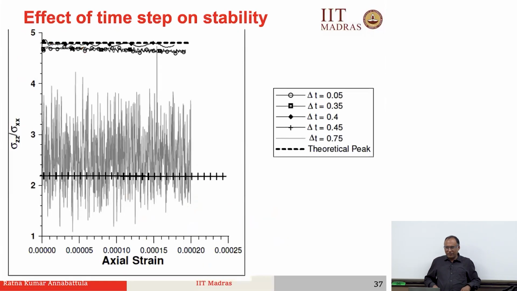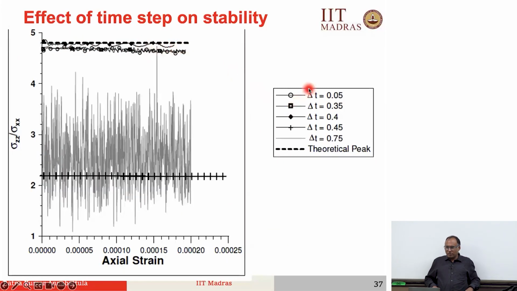So for example, if you look at this picture, we are plotting axial strain versus normalized stress in a granular assembly. This dashed line at the top that you are seeing is your theoretical peak, that means the theoretical limit, the actual solution.